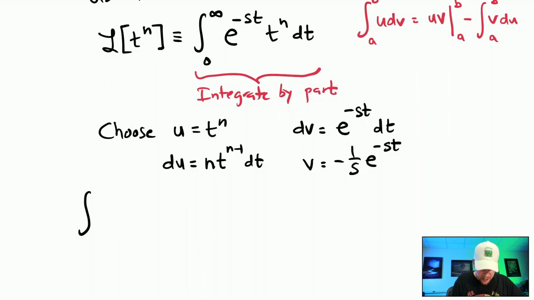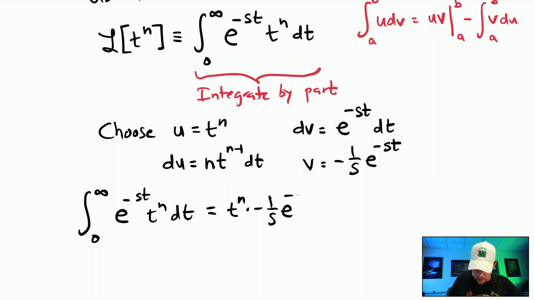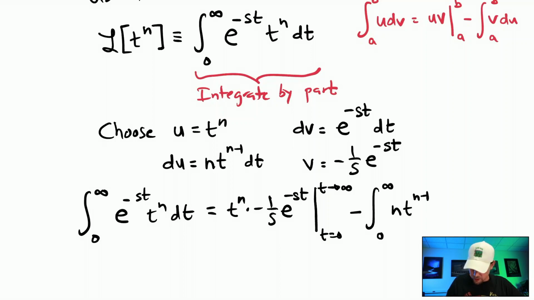So here, one of the things that I can say is that the integral from 0 to infinity of e to the minus s times t to the n dt is equal to u times v. So it's t to the n times minus 1 over s e to the minus s times t. And I'm going to evaluate at t equals 0 and as t approaches infinity, minus the integral from 0 to infinity of n t to the n minus 1 times e to the minus st dt, like this.